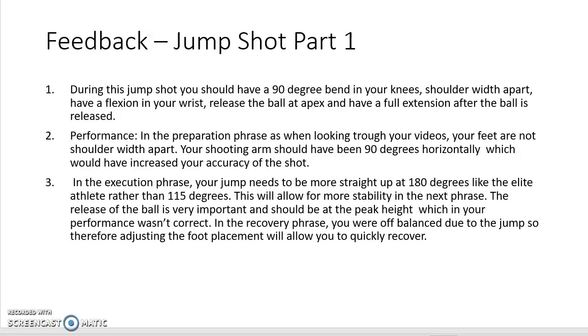Your shooting arm should have been 90 degrees horizontally, which would have increased your accuracy of the shot. In the execution phase, your jump needs to be more straight up, at 90 to 180 degrees angle, like the elite athlete, rather than 150 degrees like you were. This will allow for more stability in the next phase, which we saw.